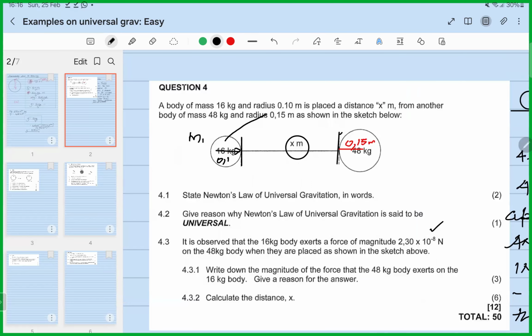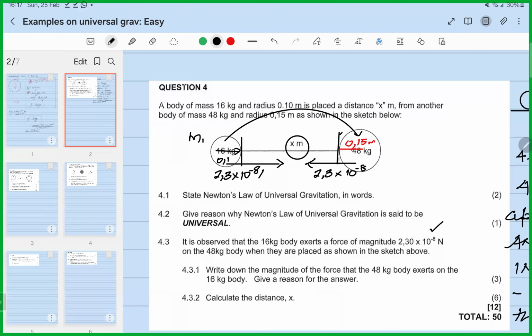If the 16 kilogram attracts the 48 kilogram with a force of 2.3 times 10 to the minus 8 newtons, then the 48 kilogram attracts the 16 kilogram with exactly the same force, but in the opposite direction. Why?